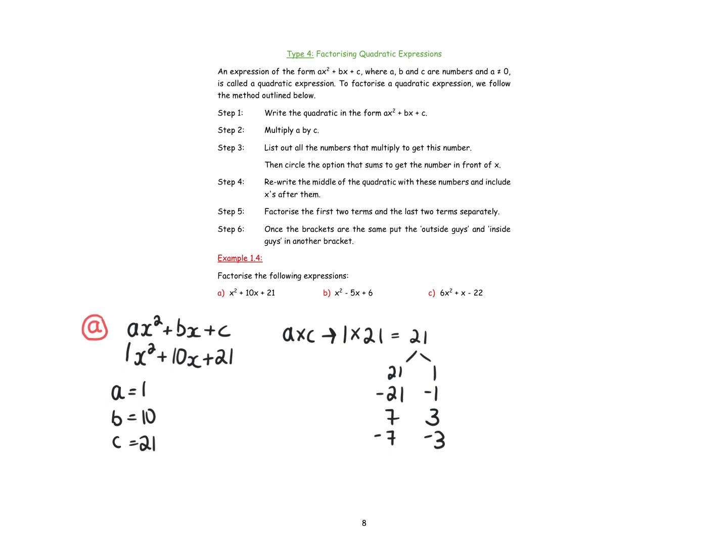The next step is circling the option that sums to get the number in front of x. In this particular example, the number in front of x is 10. So we're looking for, in the list that I've written down in the middle of the page here, when we add those numbers together, the answer should be 10. Here we have 21 plus 1, which would give us 22.